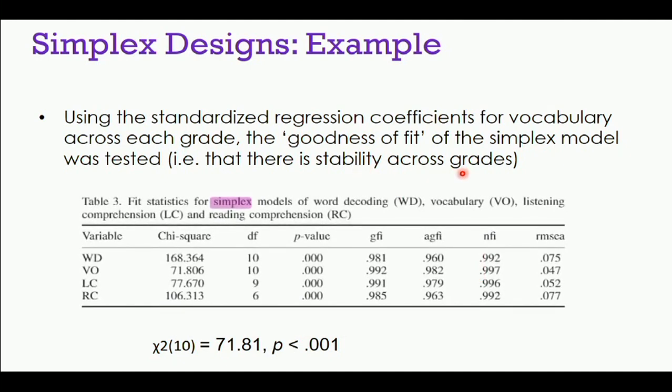So do we have more change than we would expect due to standard error, sampling error? So we can see here for VO, chi-squared was 71.81, p less than 0.001. This indicates our model fits. There really is some stability there. And you would write that as chi-squared 10 equals 71.81, and it's statistically significant.